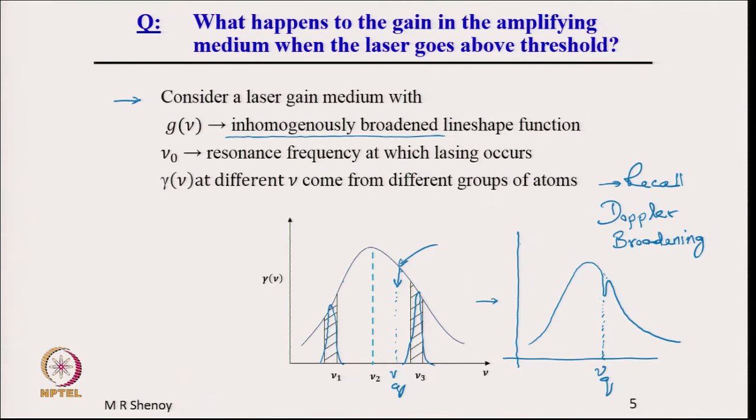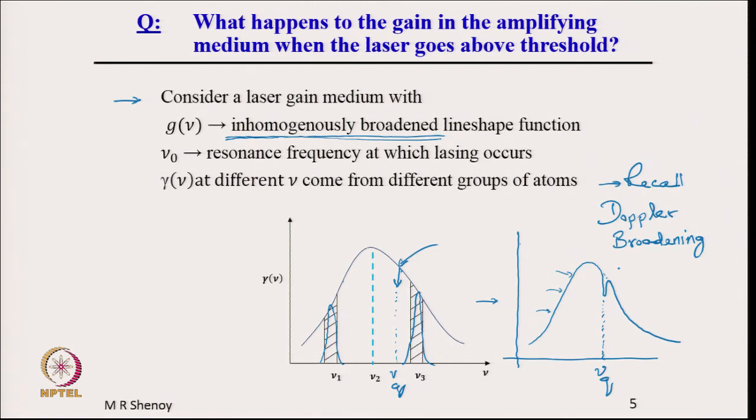However, in the case of an inhomogeneously broadened line shape function, which characterizes the gain profile, at all other places there is no effect on the gain profile. And we can see, therefore, there is a dip occurring in the gain profile.